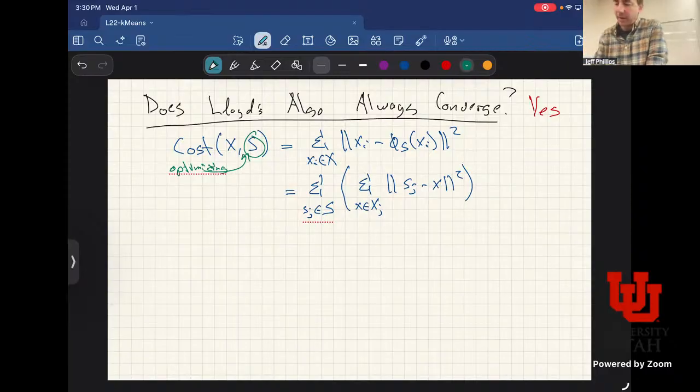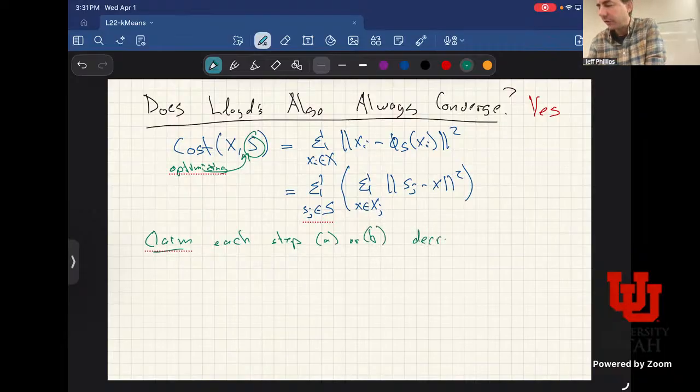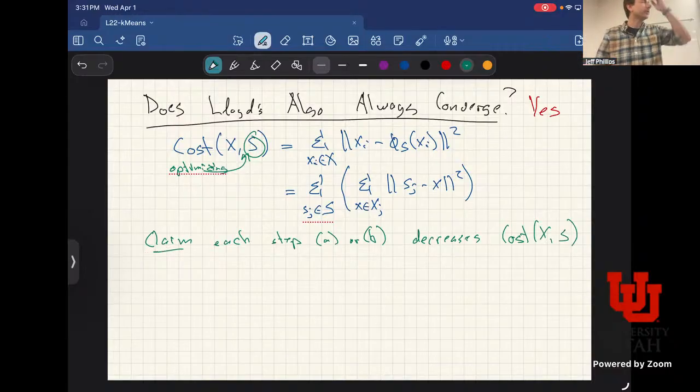Okay. And so now we can see what happens. Now the claim is each step A or B decreases this cost X of S. If I read it this way, I've kind of pulled out the assignment step. I'm saying I'm going to assign it to the site it's assigned to, and that assignment could be changing. It's not always the closest one.